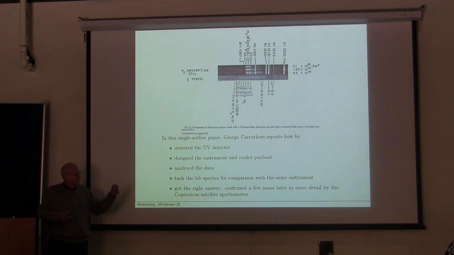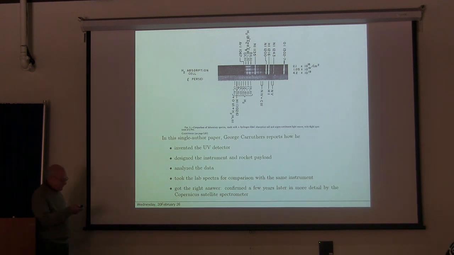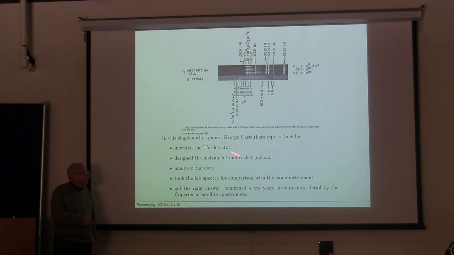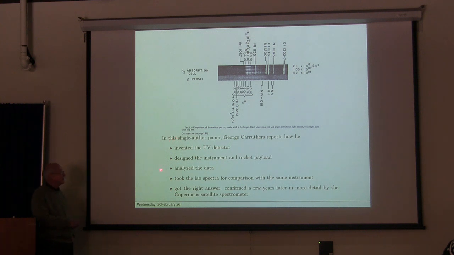So this short discovery paper also reports a laboratory astrophysics contribution as well. This is remarkable because George Carruthers invented the UV detector that was used. He designed and built the instrument and the rocket payload, got the funding to have this mission carried out, analyzed the data, took the lab spectra for comparison, and got the right answer.